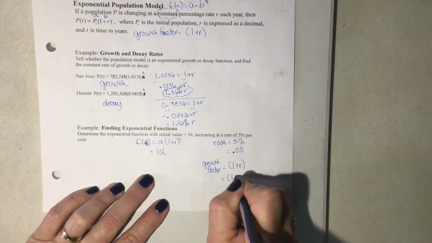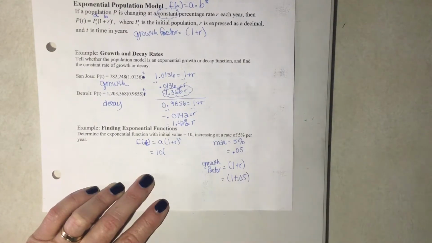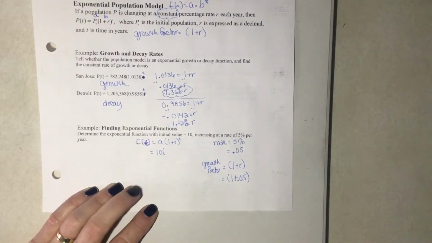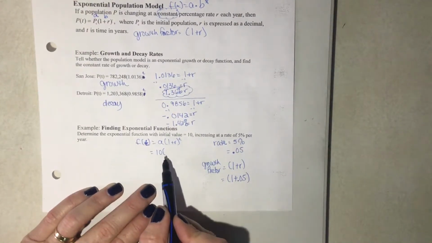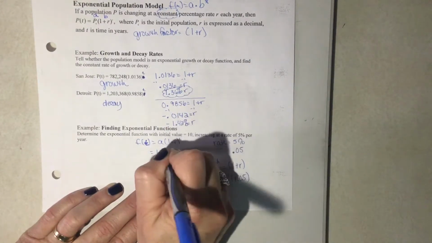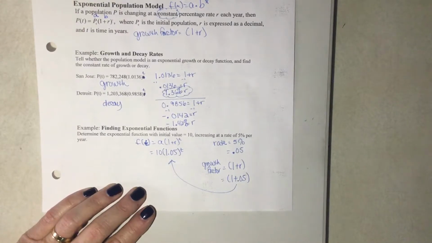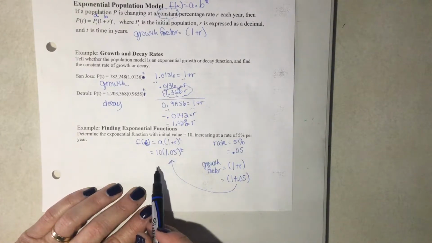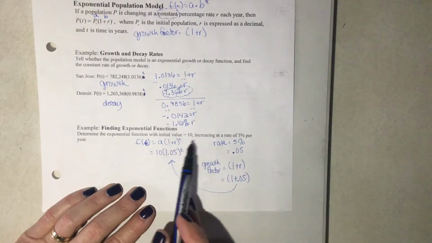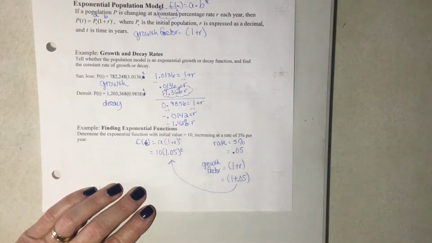So that's going to be 1 plus 0.05. So what goes inside my parentheses over here? 1.05. Okay, and that's all we wanted here, just showing you how, given this basic information, I'm going to write that exponential function.